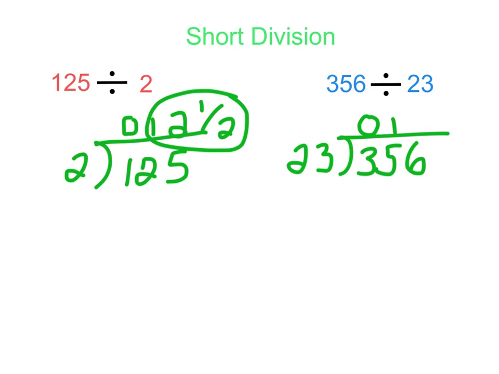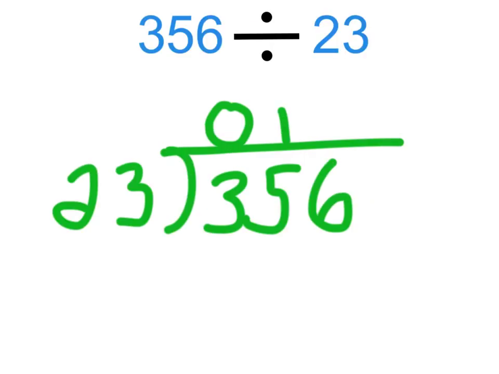So I'm actually going to take that 12. I enlarged my screen a bit so you can see. So when I get that remainder of 12, I'm going to put it here. So now I have 126 divided by 23. And I know from the last page that 5 is what I want. So it goes in 5 times.